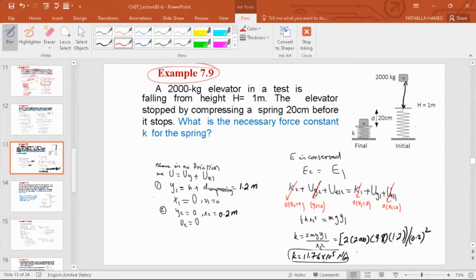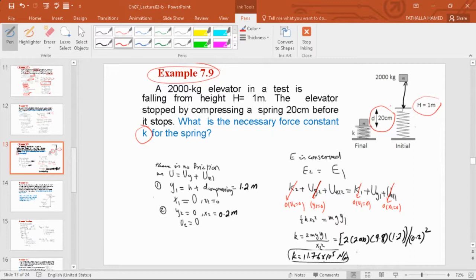The elevator is stopped by compressing a spring 20 centimeters before it stops. What is the necessary force constant k for the spring? So you're coming from a height of 1 meter and you compress the spring by 20 centimeters.